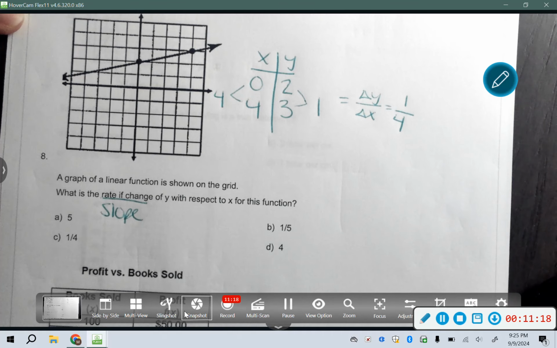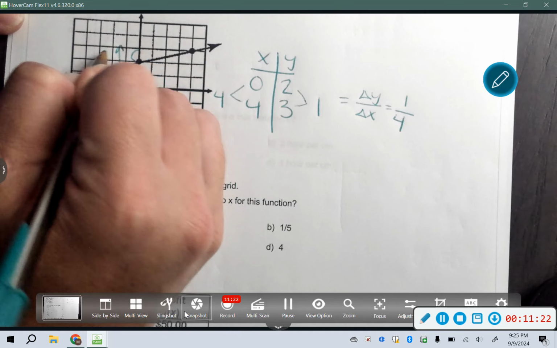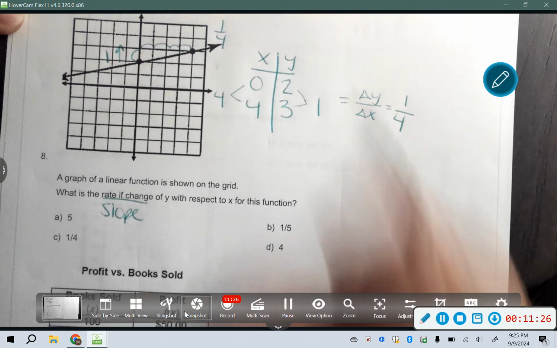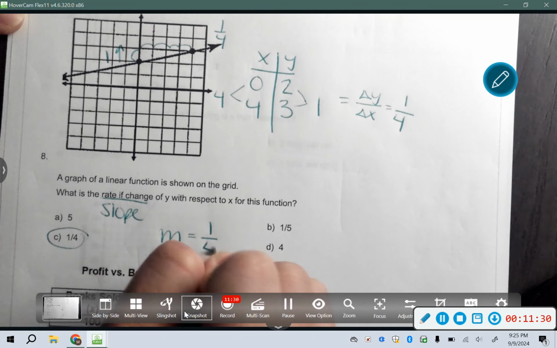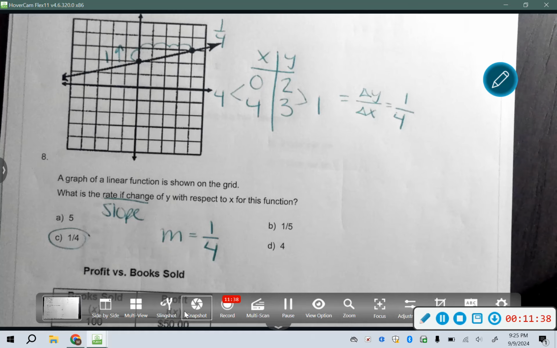So there's my slope. Or you could do rise over run. So I know I'd rise 1 over 1, 2, 3, 4. So that would also give me 1 over 4. So I know my slope is 1 over 4.